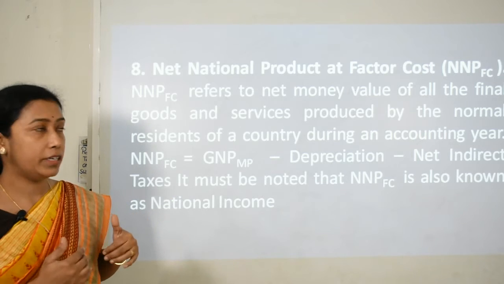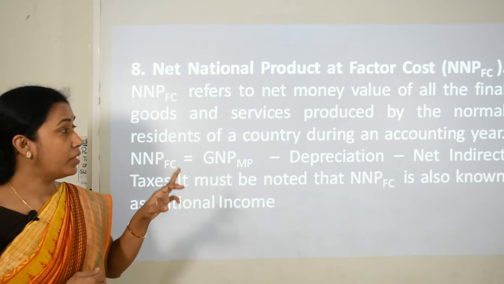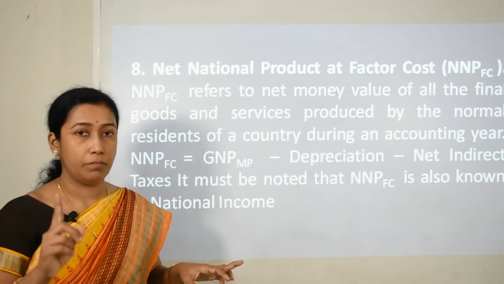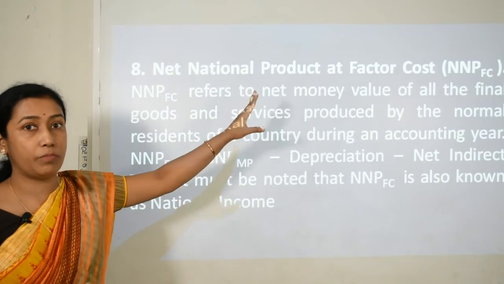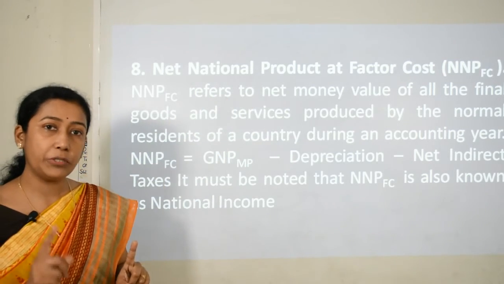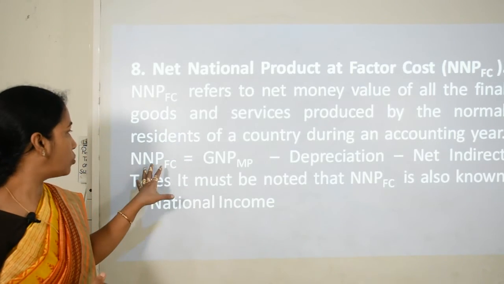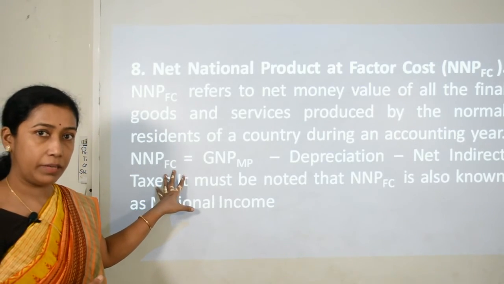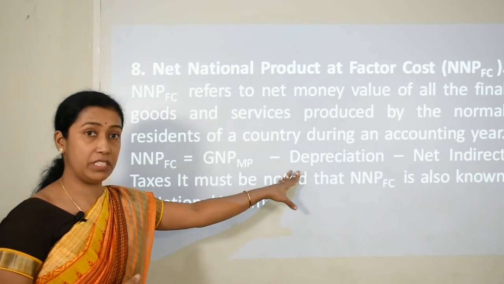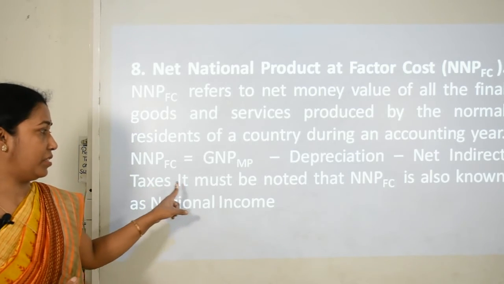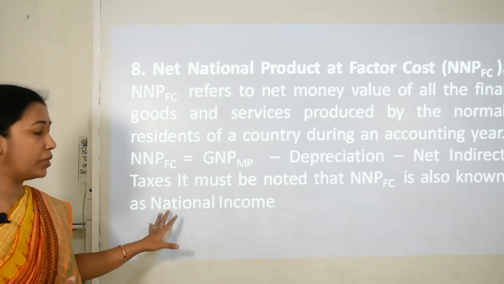In the previous topic, net national product at market price, we excluded depreciation only, but not net indirect taxes, whereas in this concept we need to exclude depreciation along with net indirect taxes. So net national product at factor cost is gross national product at market price minus depreciation minus net indirect taxes.